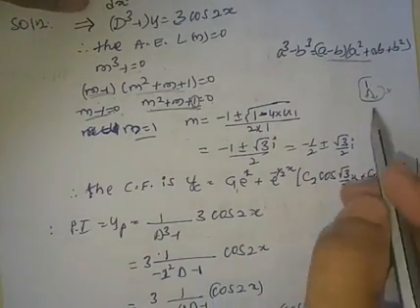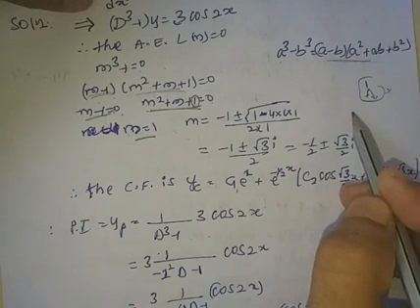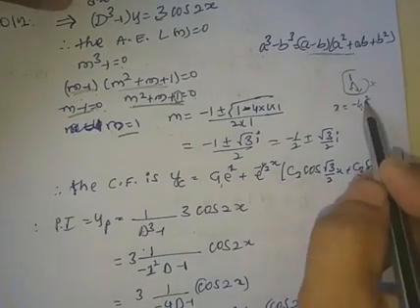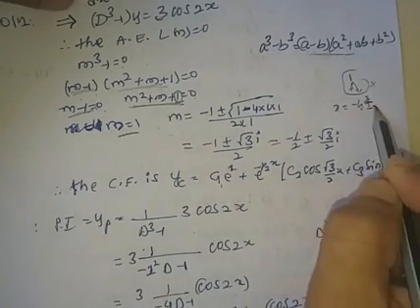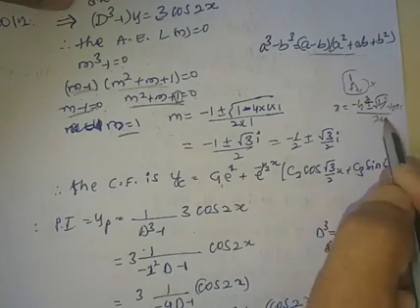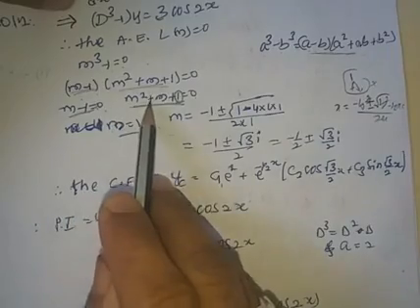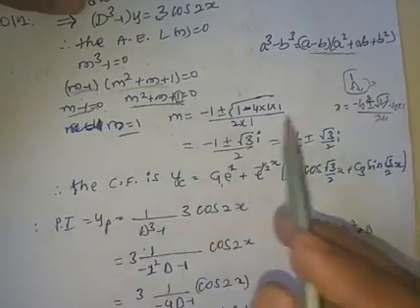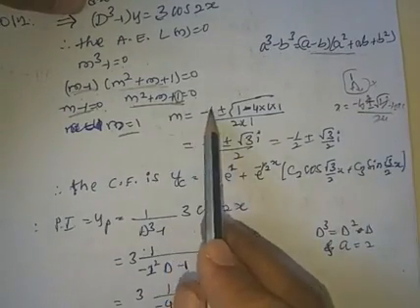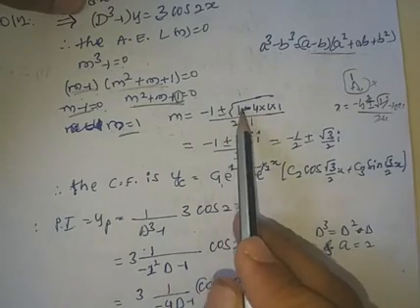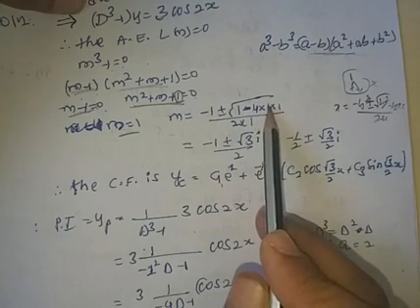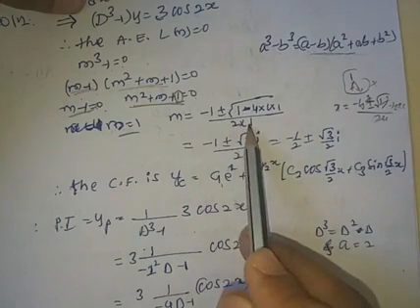You already know what Sridhara's rule is. That is x is equal to minus b plus or minus under square root b square minus 4ac, divided by 2a. Here a is equal to 1, b is equal to 1, and c is equal to plus 1. Substituting these values, you will get m is equal to minus 1 plus or minus under square root 1 minus 4 into 1 into 1, divided by 2 into 1.